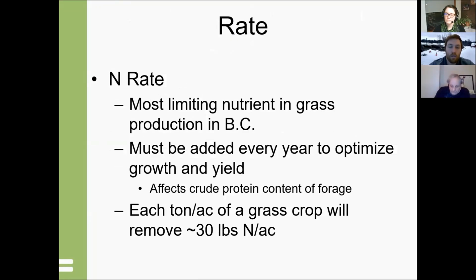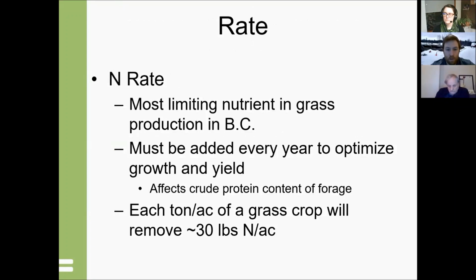Moving on to rate, the first thing I want to talk about is the nitrogen rate, because nitrogen is normally the most limiting nutrient for grass production in British Columbia and pretty much everywhere. I don't know too many places where nitrogen is not the most limiting nutrient. So nitrogen is something that we want to add every year to get our optimal growth and yield.